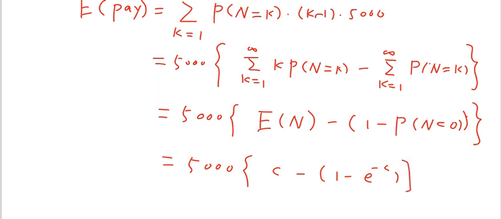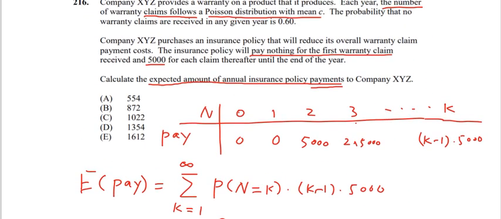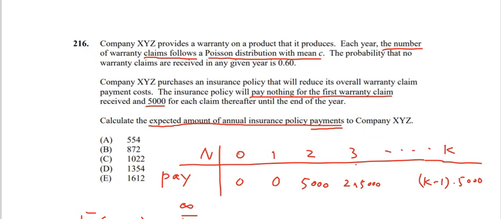Then what is C? What is the parameter? We check from here.